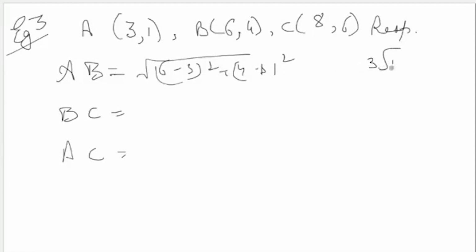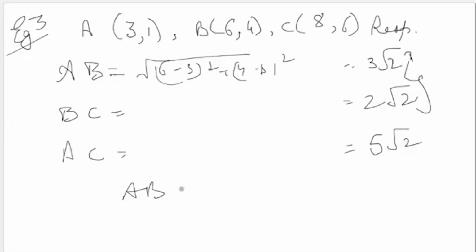Okay, AB is 3 root 2, BC is 2 root 2, and AC is 5 root 2. Now the sum of these two is equal to 5 root 2.